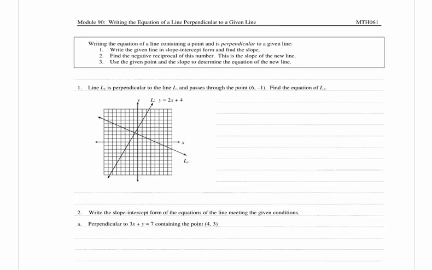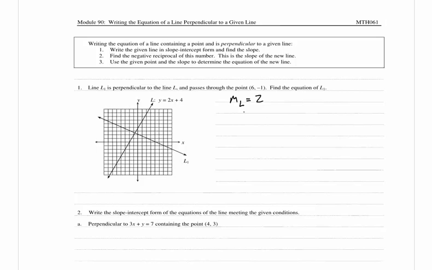So in 1 we have L1 is perpendicular to the line L and passes through the point (6, -1). Find the equation of L1. And the given line L is already in slope-intercept form, so the slope of line L is 2.